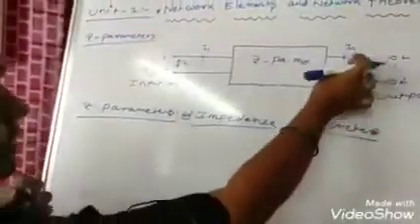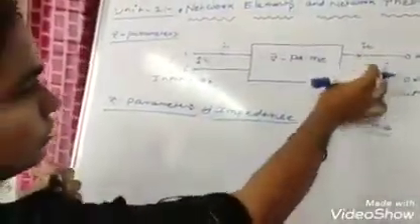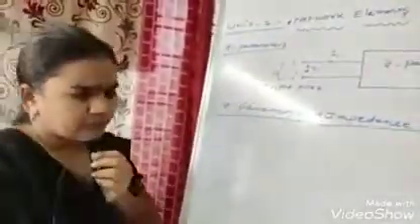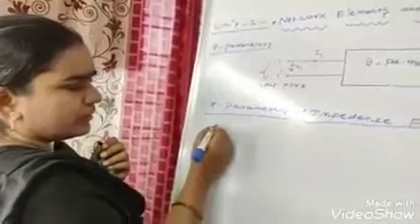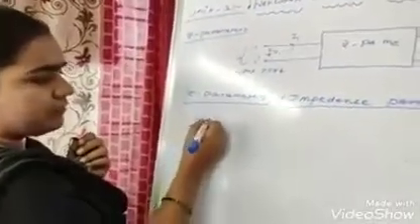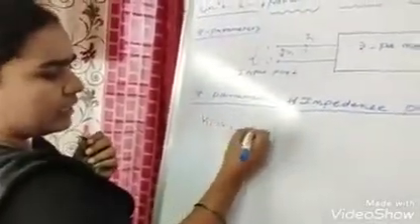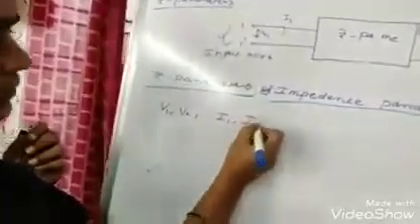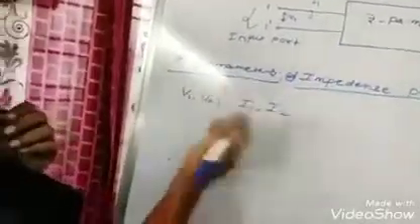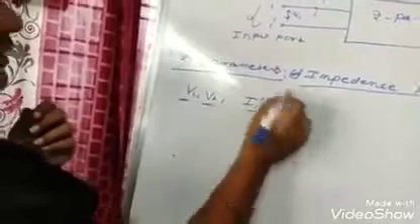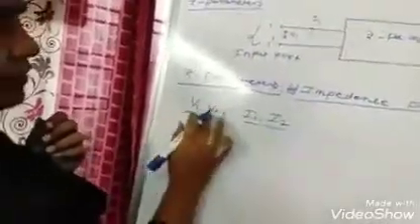I2 is the output current, and V2 is the voltage difference between the output terminals. We are using the parameters V1, V2, I1 and I2 for any circuit.